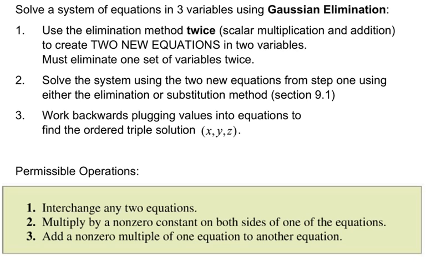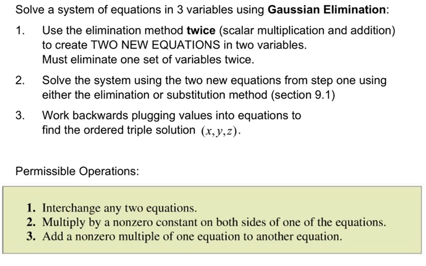So we're going to multiply and add, scalar multiplication and addition. We're going to do that twice with two different pairs of those three equations to create two new equations, which are both in only two variables. So we're going to reduce the three equations and three variables down to two equations and two variables.